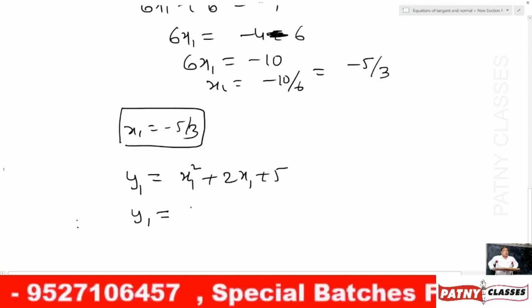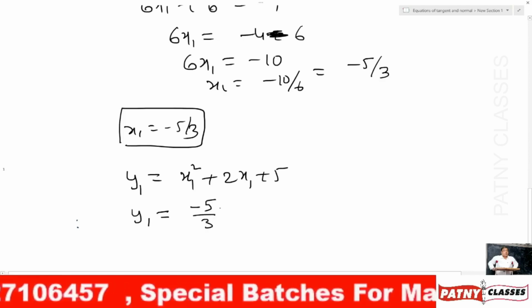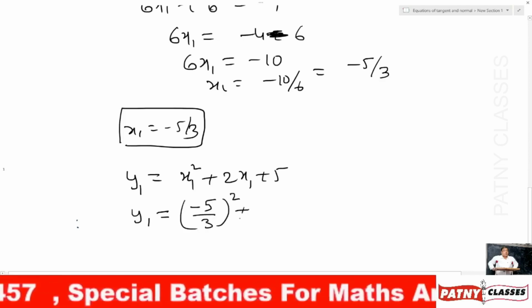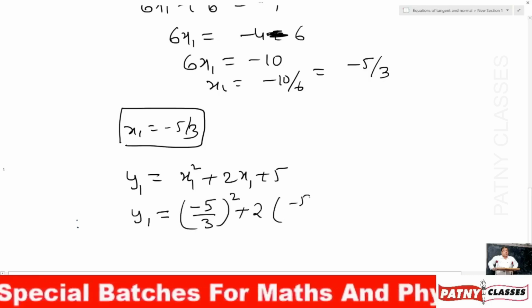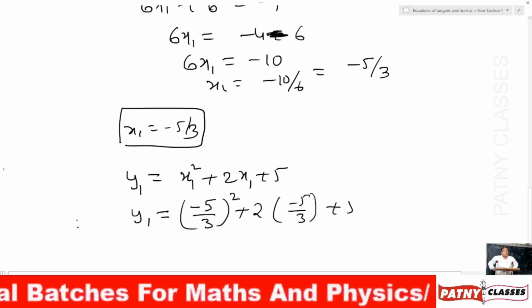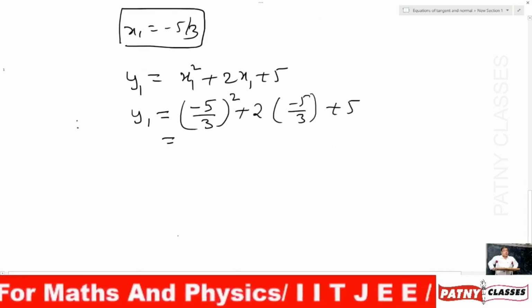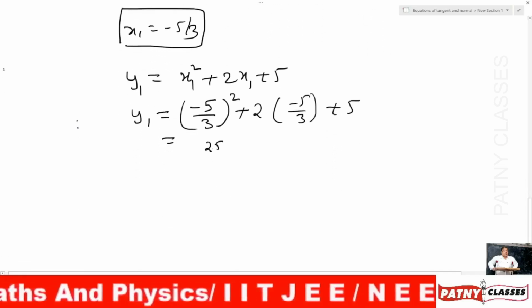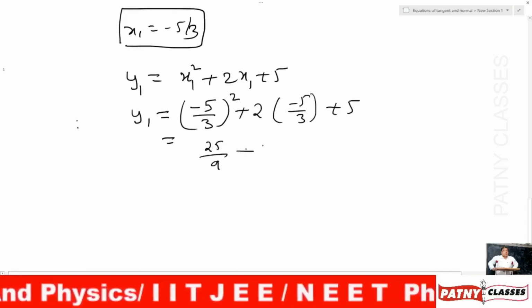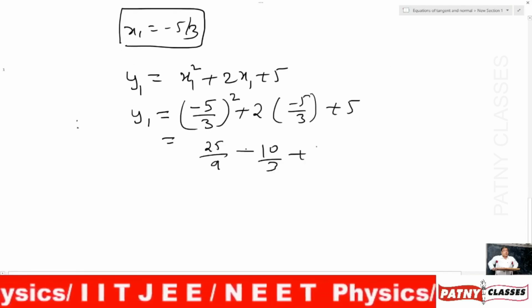After that, x1, what I am doing? I am doing here (5 by 3) whole square plus 2 into minus 5 by 3 plus 5. So simplifying this, I am going to get the y1 value as 25 upon 9 minus 10 upon 3 plus 5.